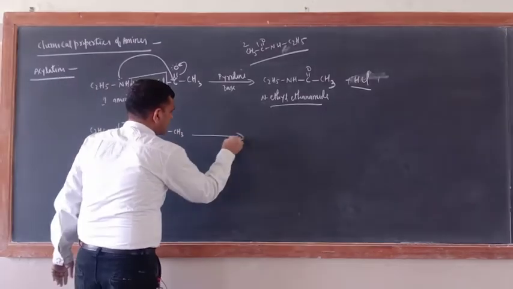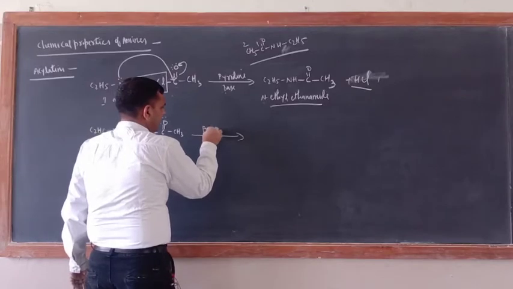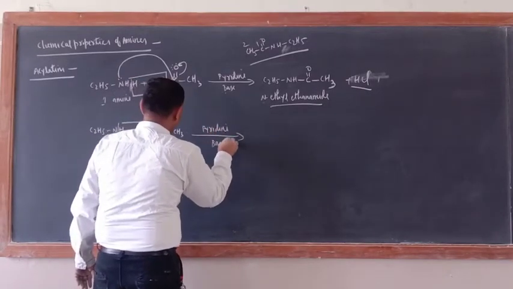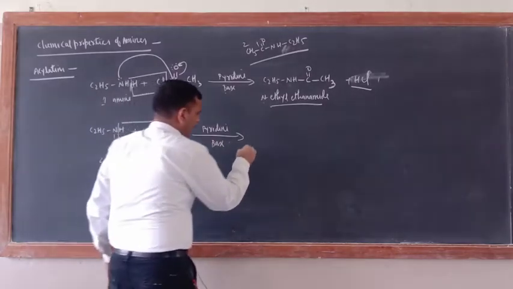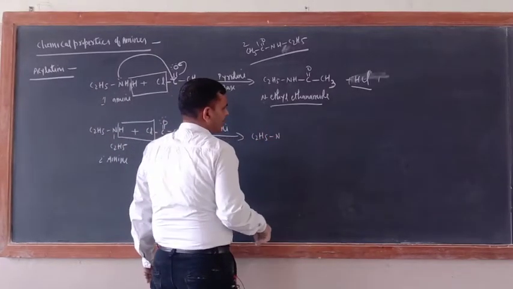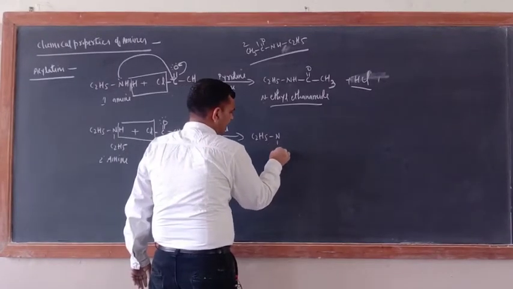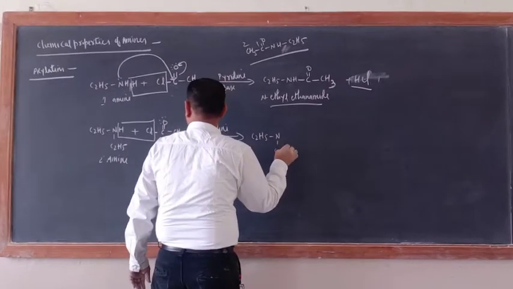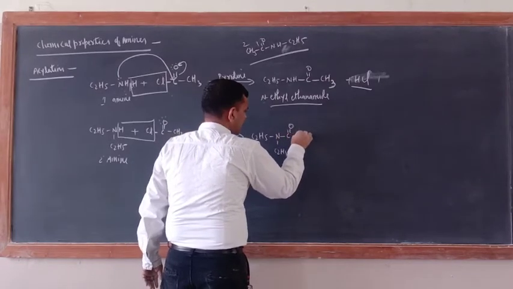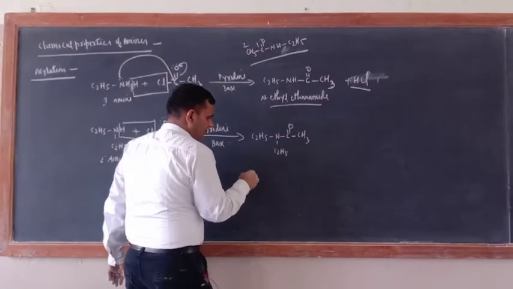And here what is there? Same thing, pyridine. This is base. Now what is the product here? C2H5N. Here also C2H5. And here C double bond O CH3. So what is the name of this one?